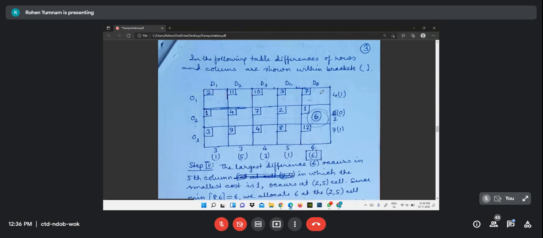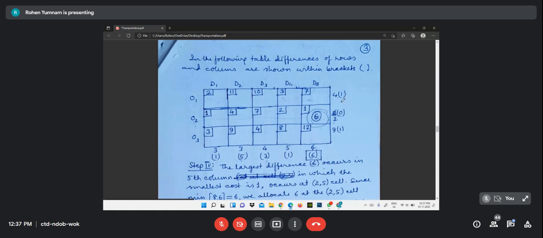Let us start along the row first. You select the least and the next least. The least is 2, the next least is 3. Subtract these two, it is 1.